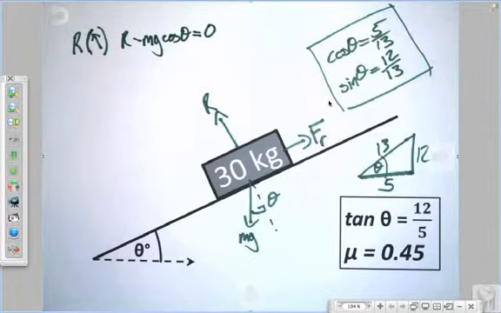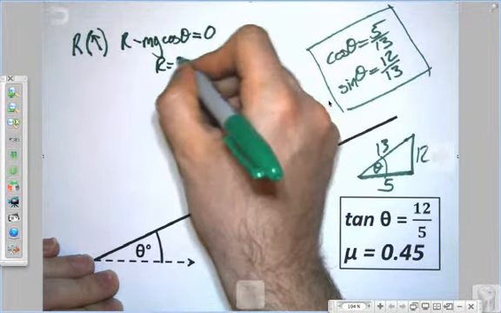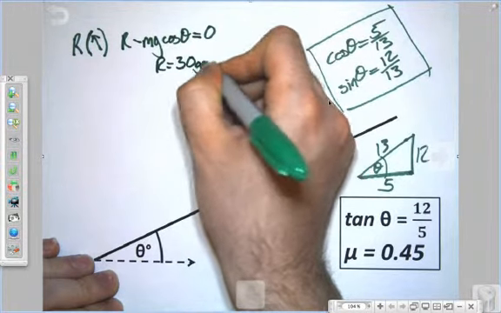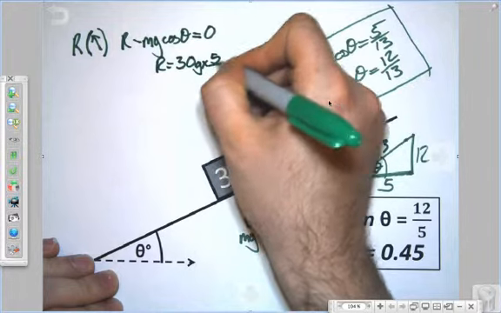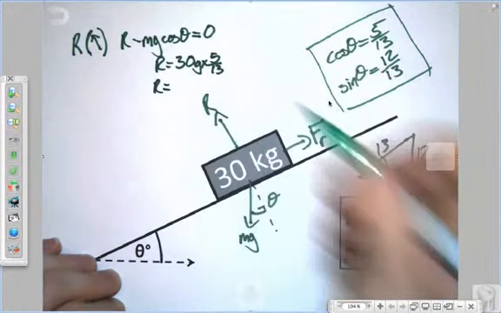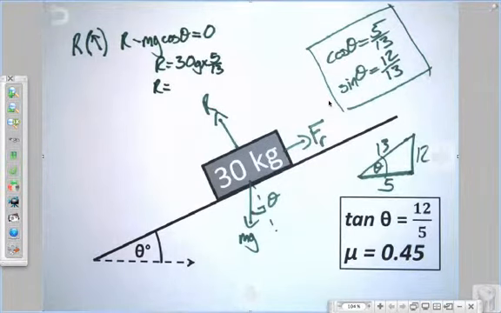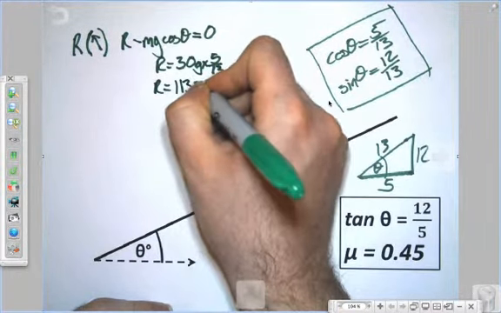Sticking all the values in, we know we get R is equal to 30g times cos theta, which is 5 over 13. So R equals, quick bit of working out there, 30 times 9.8 times 5 divided by 13 gives us 113.1.